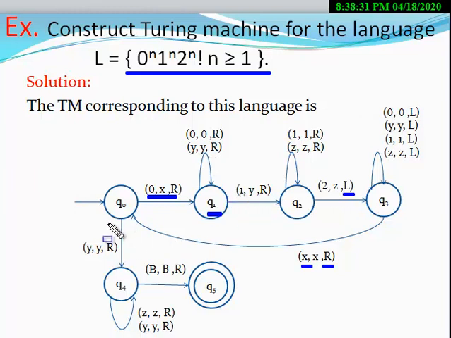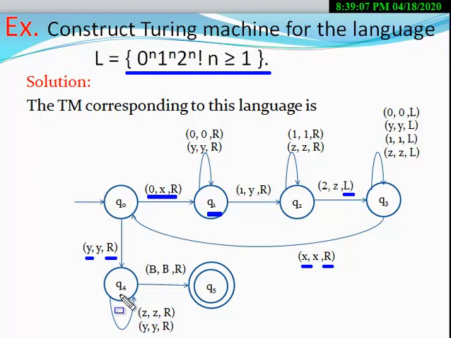When at state Q0 the tape symbol Y appears, it means all the 0s are removed. Now you have to check whether all the 1s and 2s are also removed or not. To check this, you have to move in this direction. So when at state Q0 the tape symbol Y appears, the machine moves to state Q4 and the head moves to the right direction.